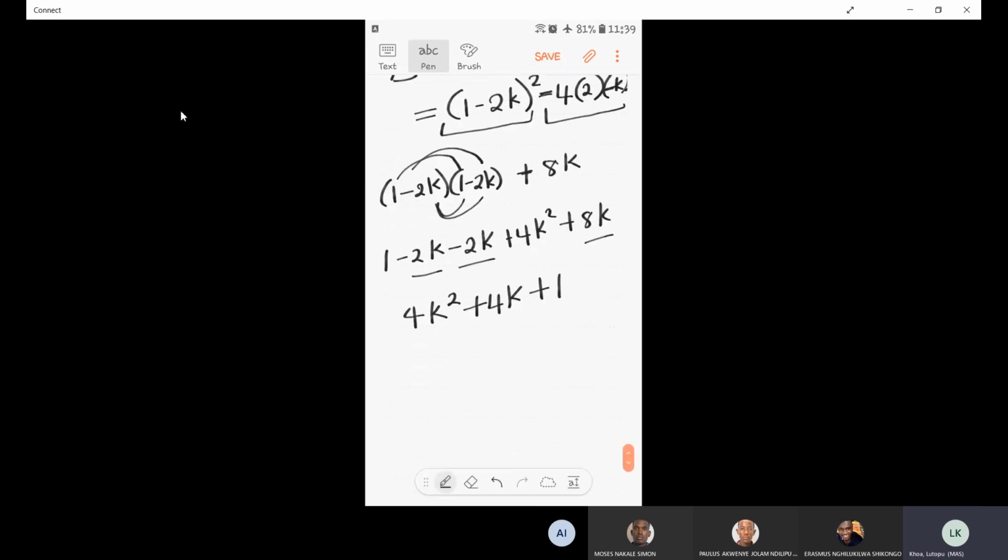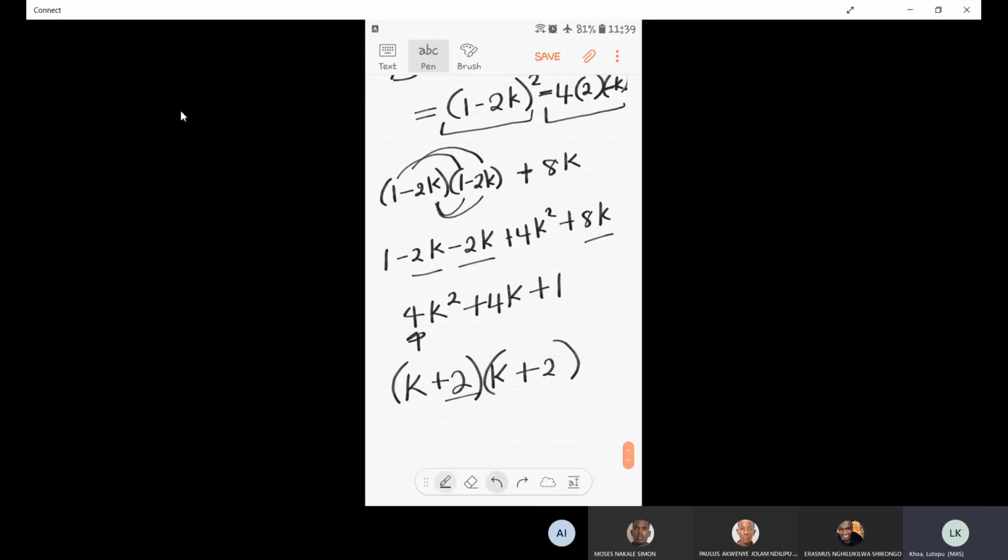Now this is a quadratic expression, so we can factorize it. You look for two numbers that when you multiply them, the answer is 4, and when you add them, the answer is 4. So those two numbers are 2 and 2. So you open your brackets, you put your variable, then we say the two numbers are 2 and 2, and then we divide by the coefficient of k.